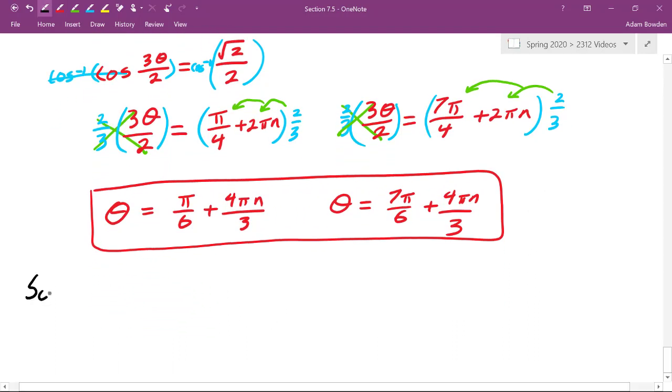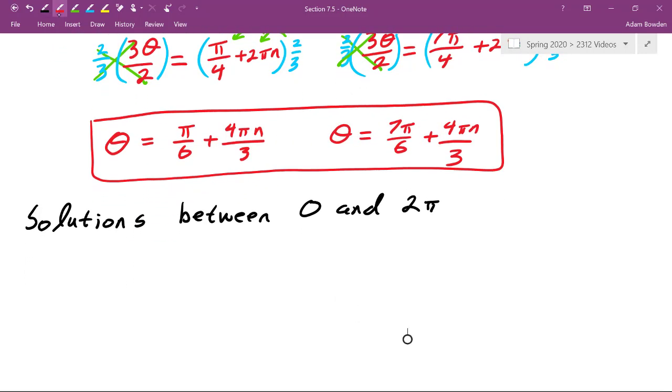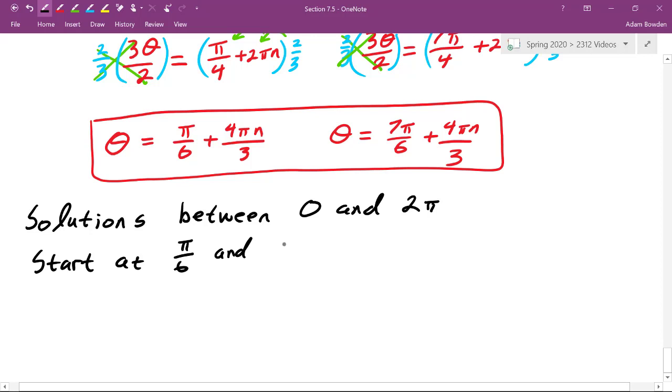And now we're going to break it down though and find the solutions between 0 and 2 pi. Okay, and so what we're going to do is start at the pi over 6 and the 7 pi over 6.